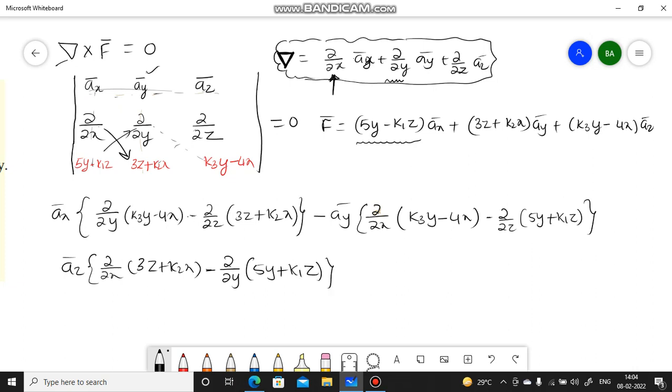Now do the differentiation here, and it is equal to 0.